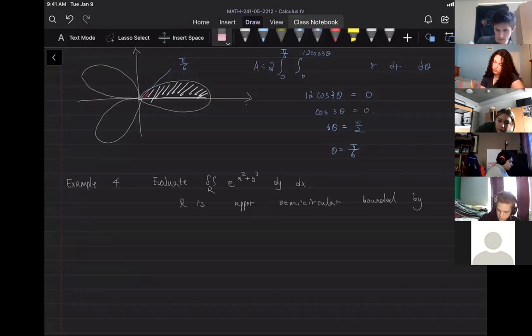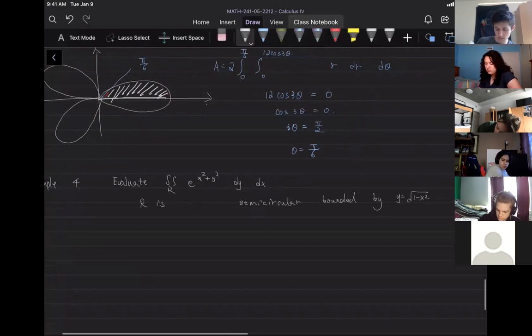If I don't say upper, I just say semicircle bounded by. We should also know how to draw the graph. Okay, this is the problem.